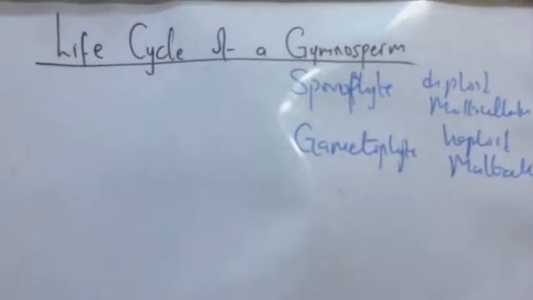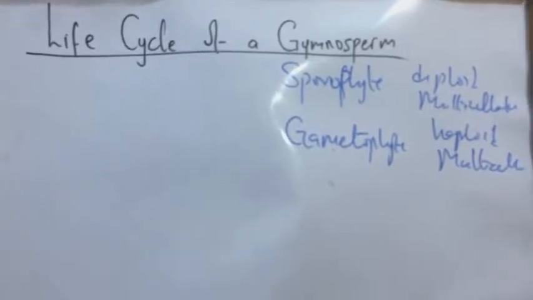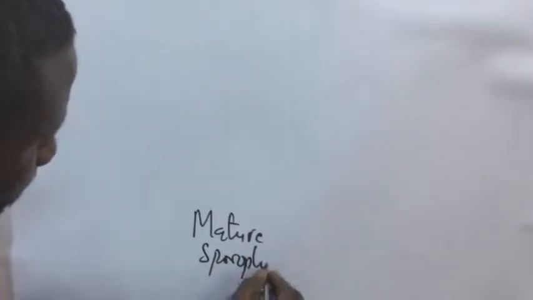The life cycle usually begins with the sporophyte. So we are going to have mature sporophytes. Don't forget that the mature sporophyte is diploid, so it is 2N.